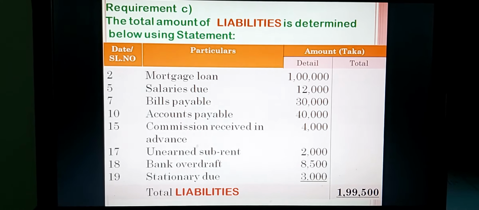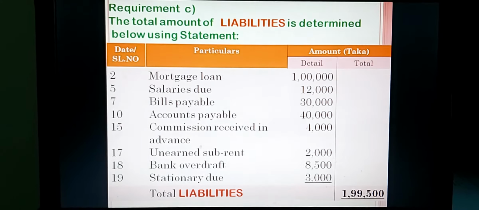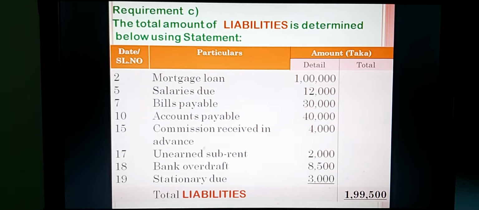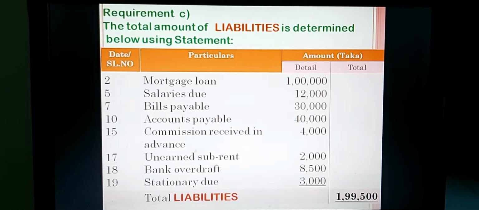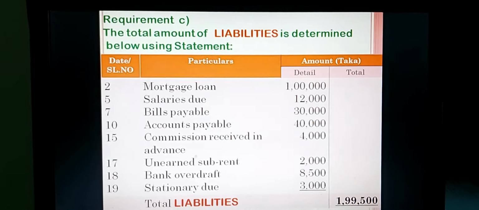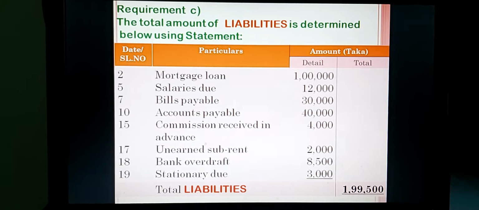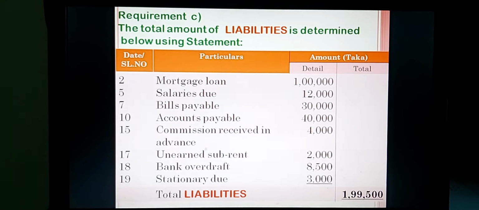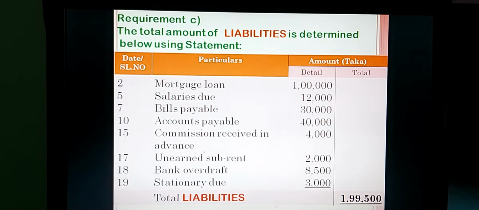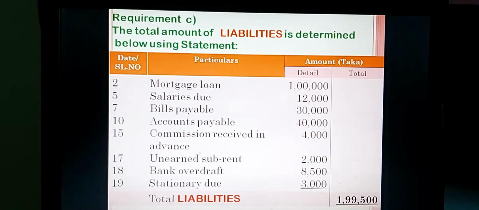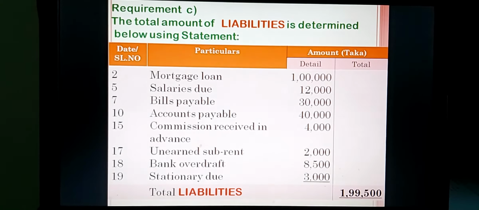That is the question of requirement C. What is the total amount of liabilities from the system? The same format is to be followed every time you are required to find out the total amount of asset, liability, revenue, expense, and drawings or equity.